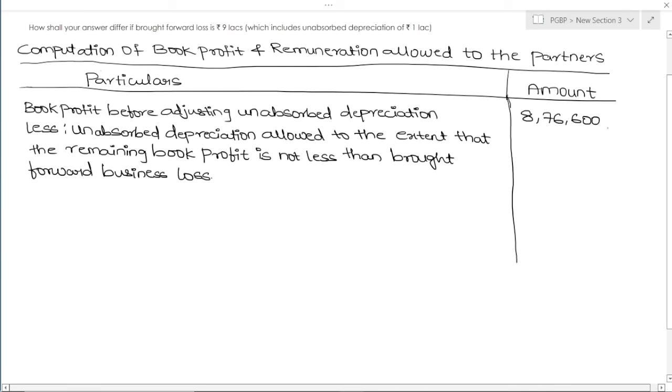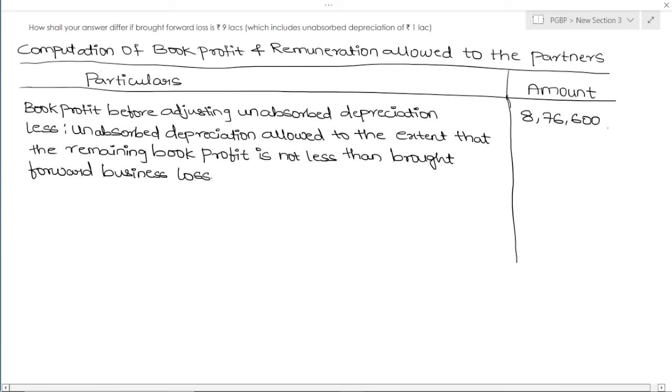Then your book profit will become 7 lakh 76,600. But the problem is if I deduct this, then my book profit will be less than the brought forward loss, and as per law it is not allowed. So I cannot deduct the entire 1 lakh. So how much can I deduct?